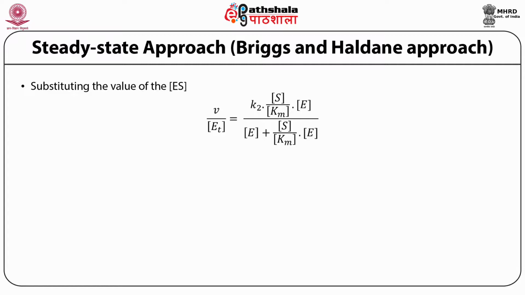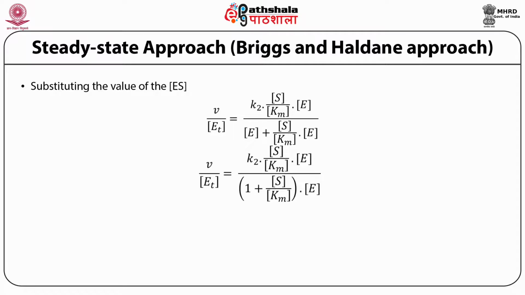Here we are replacing in the equation V upon ET equals K2 into ES divided by E plus ES. So we are replacing ES with S upon Km into E. And if you solve it, you will find that we have the final equation of V upon ET is equal to K2 into S upon Km into free enzyme divided by 1 plus S upon Km multiplied by free enzyme.